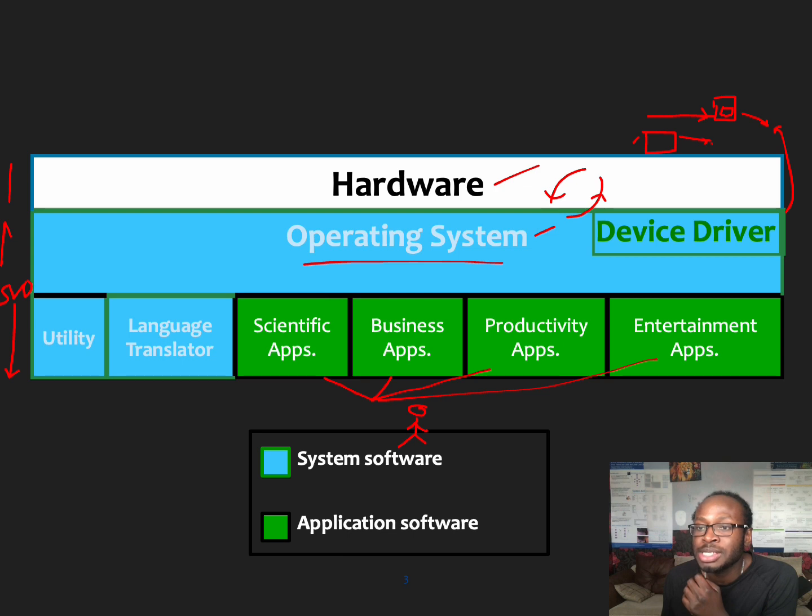So maybe this is how the computer should read from it, or how the computer should write to it as well. And then your device will be identified because it has its code that helps the computer to identify it. So it goes into the device drivers and then the utility programs.